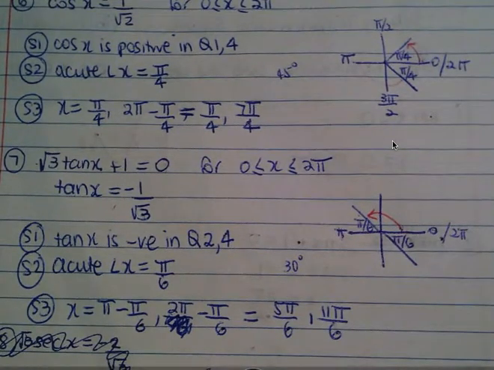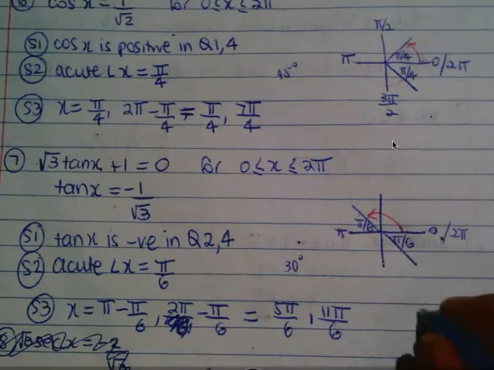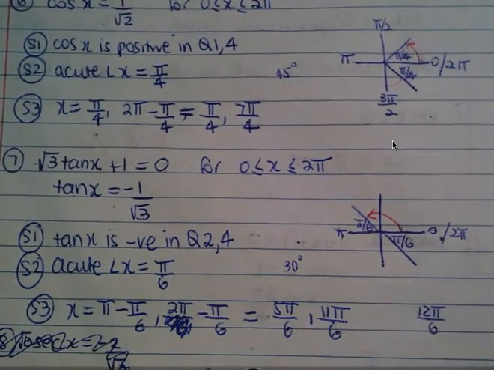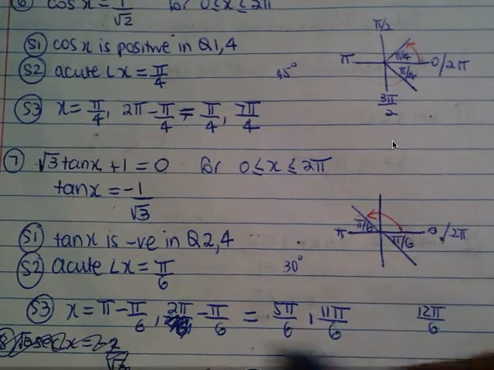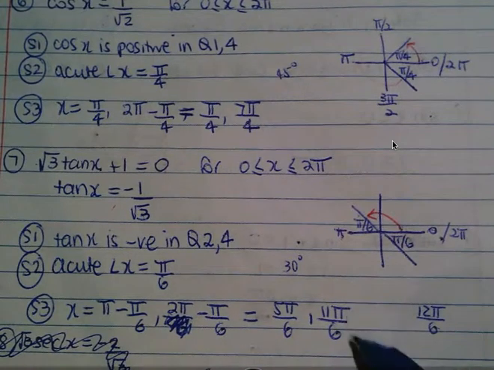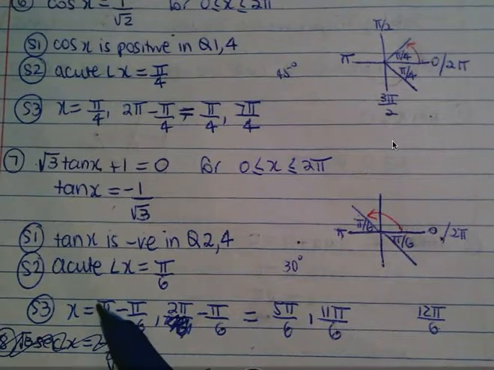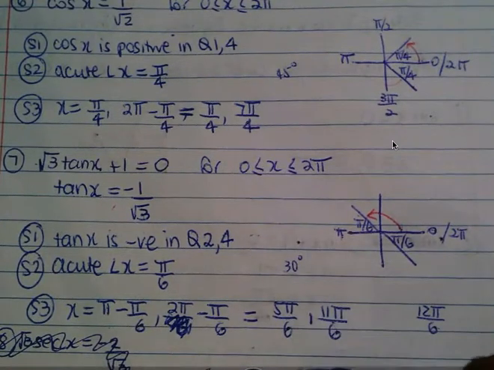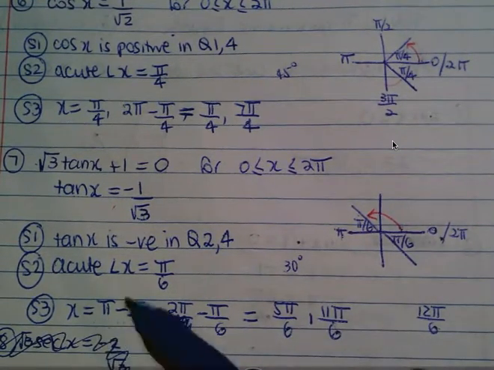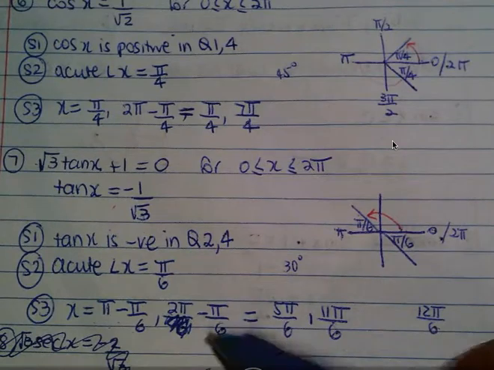The other way you can think of it is that 2 pi is 12 pi on 6, because 12 over 6 is 2, and we're working in 6. So your 12 pi on 6 minus 1 pi on 6 is 11 pi on 6. And you can think of this pi as 6 pi on 6. So 6 pi on 6 minus 1 pi on 6 is 5 pi on 6. Or just 1 minus 1/6, 2 minus 1/6.